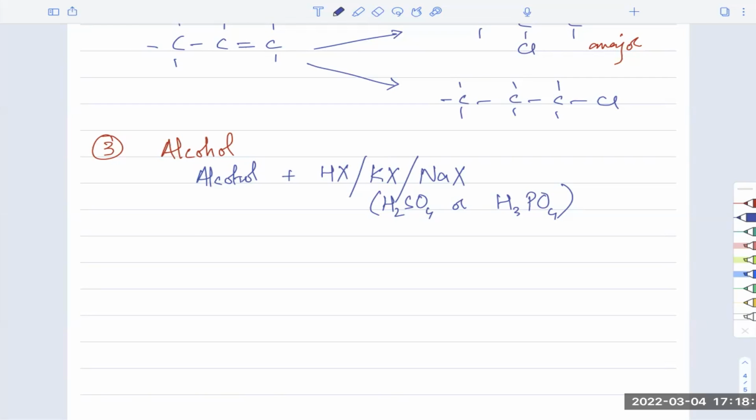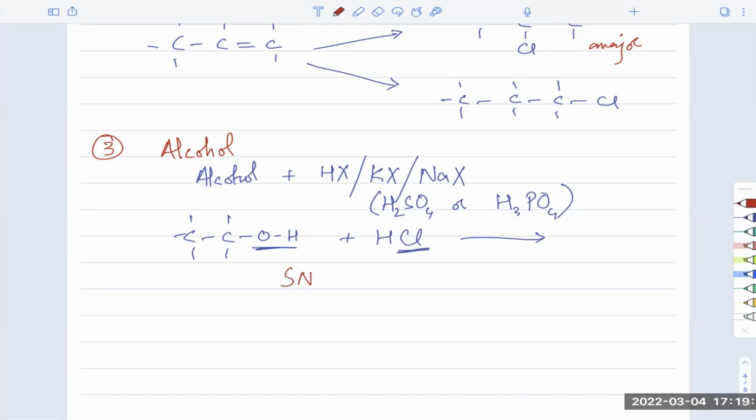Let's suppose I have ethanol, and I add HCl to it. All that happens is that this Cl goes and replaces this. The mechanism for this, the reason why this occurs, is nucleophilic substitution.